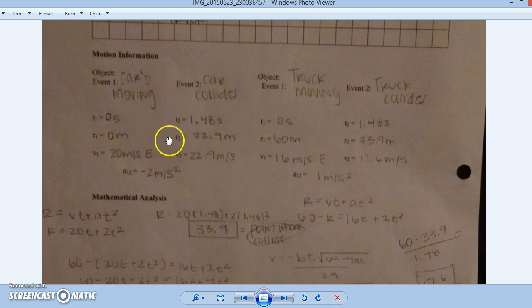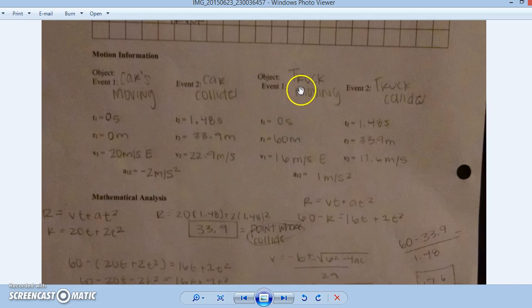For event 2, these are all things that we had to find, and I'll show you how I found them in a second, but I found that the answers were 1.48 seconds, R2 was 33.9 meters, and V2 was 22.9 meters per second.